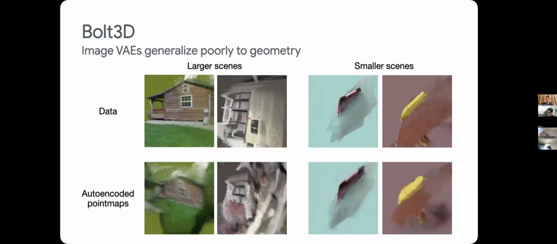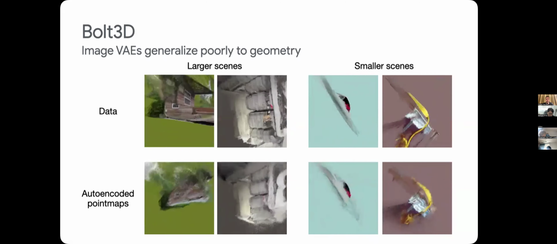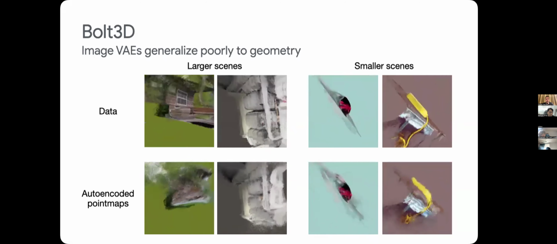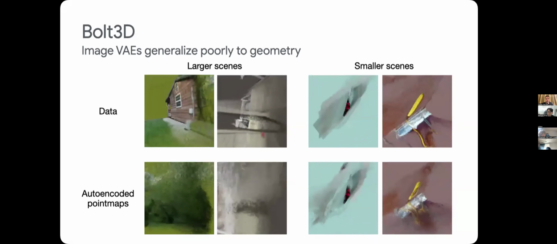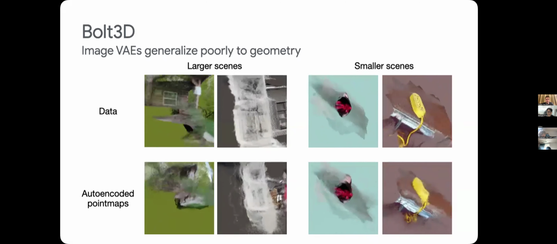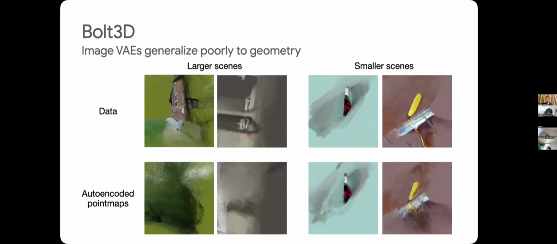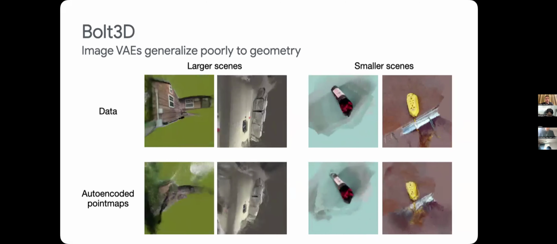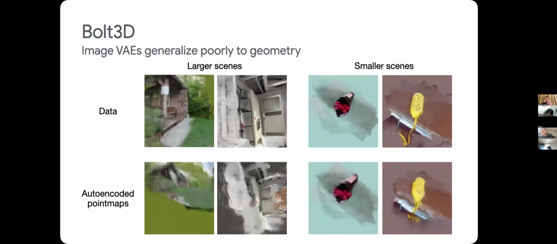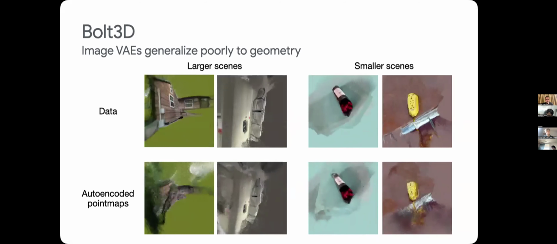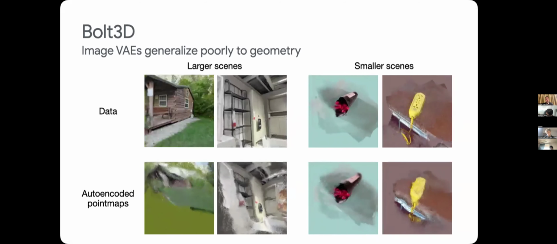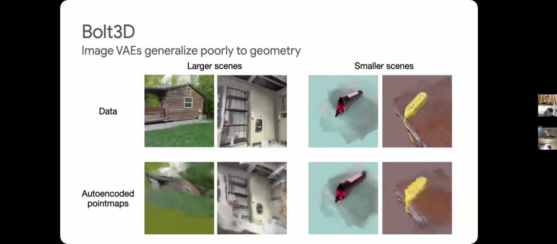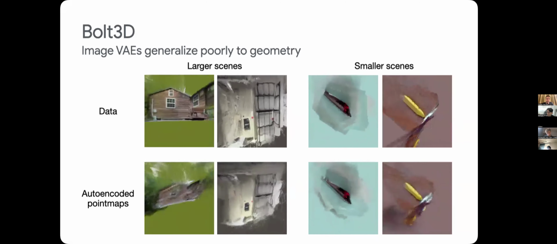We found this to be the case regardless of the scale of the scene, but I actually observed that for bigger scenes, we get even more catastrophic failures. This is likely because the objectives for compressing images are not appropriate for compressing geometry. For example, perceptual losses don't really make sense for geometry. Another reason is the scale of the data, because input images are always within 0 and 1, but this is rarely the case for geometry.